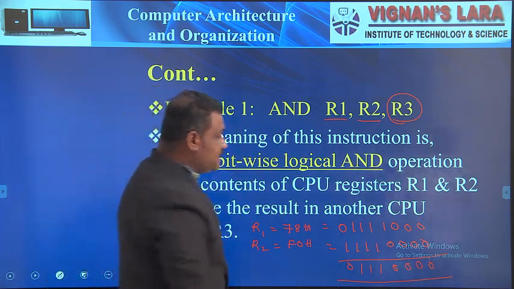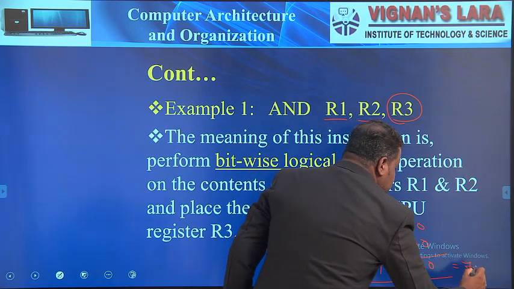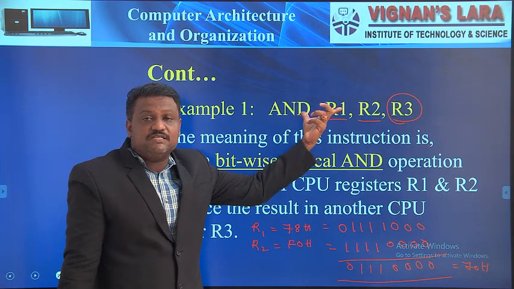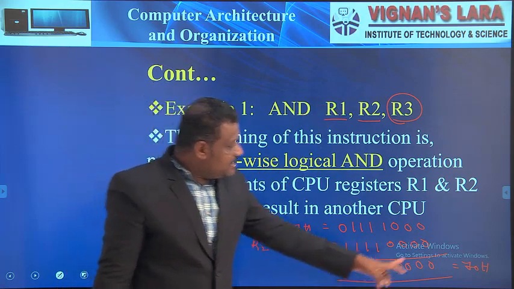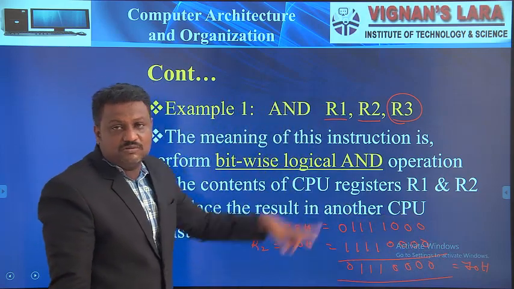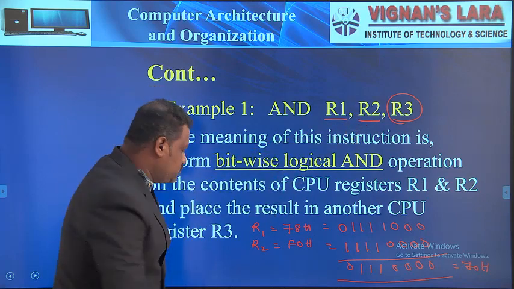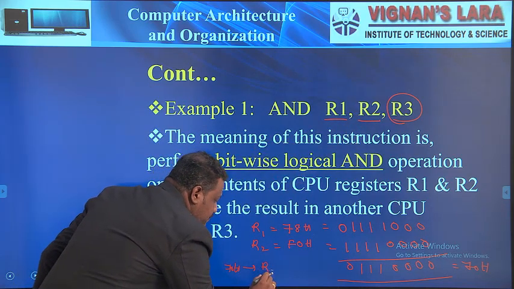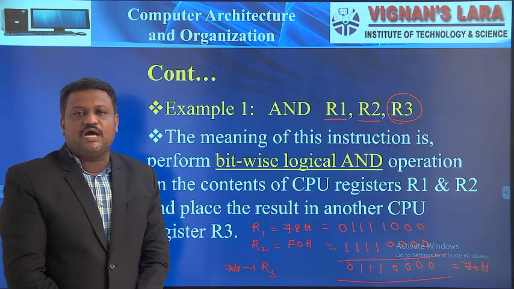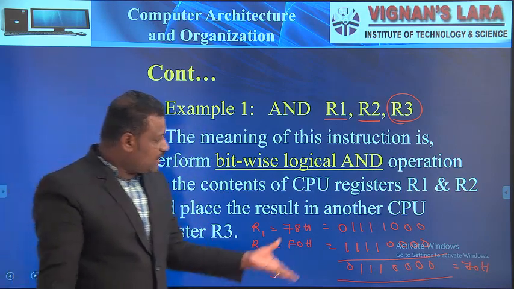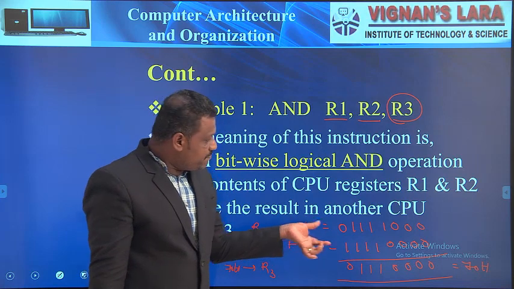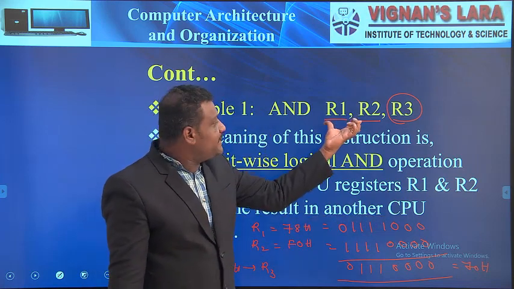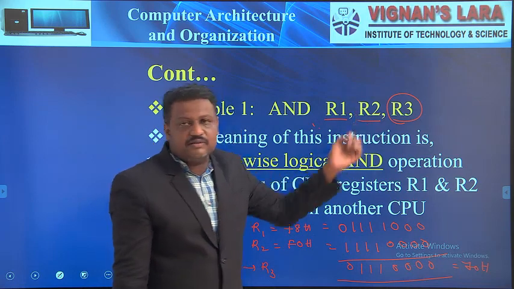Finally, our result is 70H. This is the final result after completion of this logical AND. This 70H is copied onto register R3. So 70H goes to another CPU register, which is R3. If you are observing, guys, bitwise logical AND happened between the contents of register R1 and register R2.